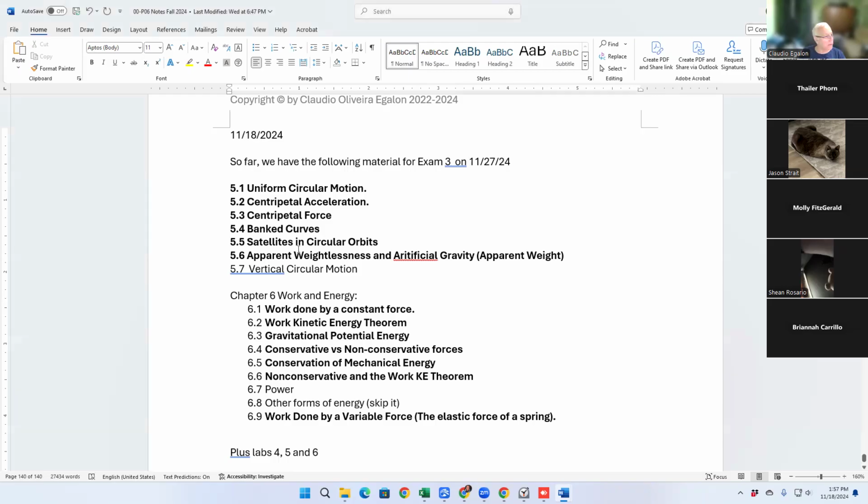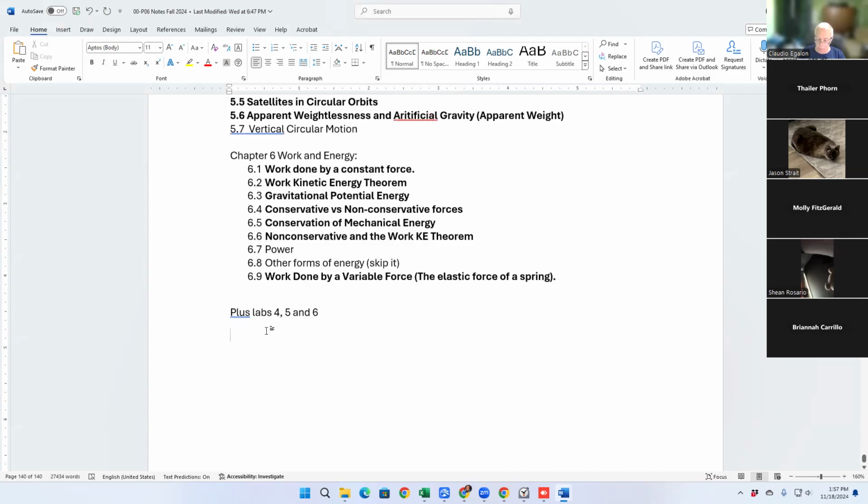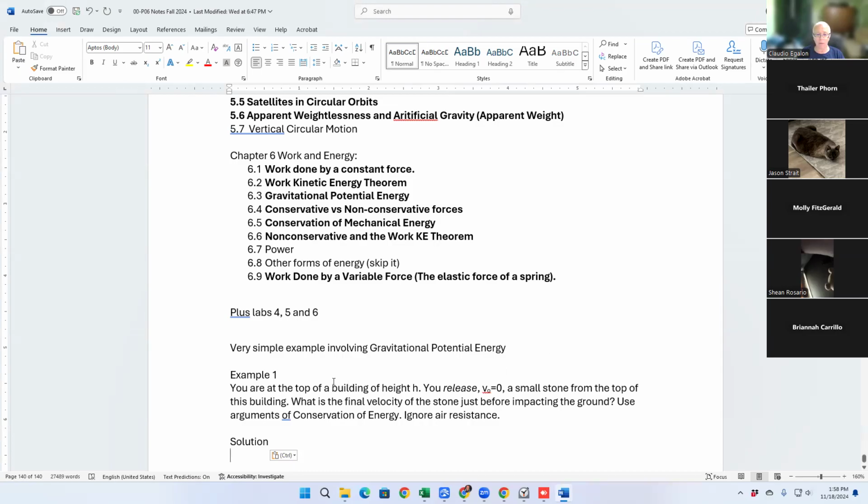I'm going to do a very simple example involving potential energy. Gravitational potential energy. This example is very similar to something that we have solved before.